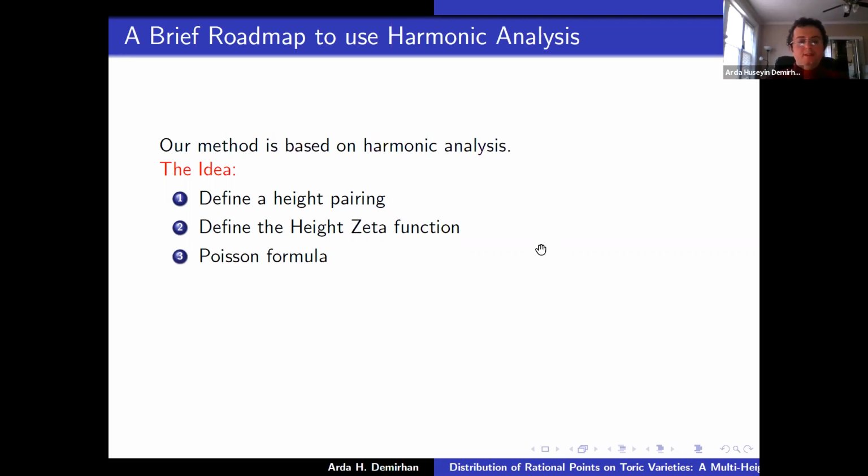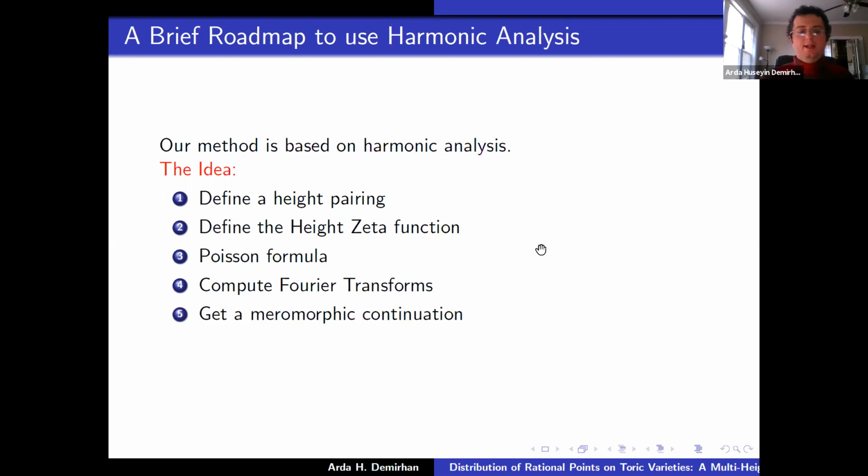Then, of course, this is an analytical business. We apply the Poisson formula to get a representation with an integral over characters, and these characters are trivial on the k-rational points. This is crucial. Then we compute Fourier transforms at almost all non-Archimedean places and get estimates at the remaining places, including the Archimedean ones.